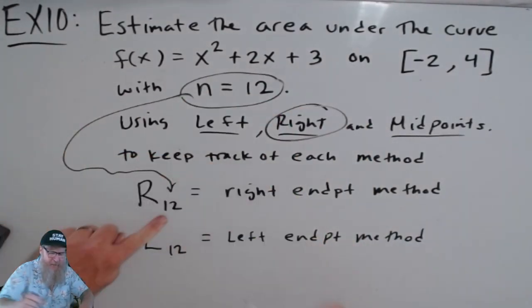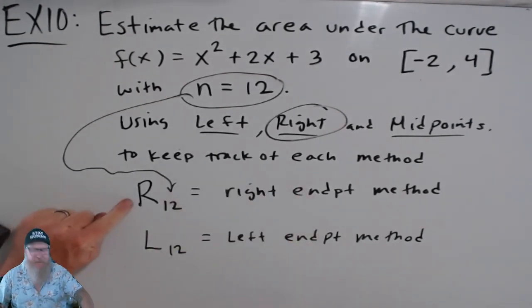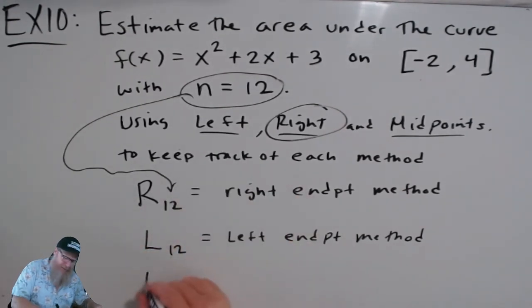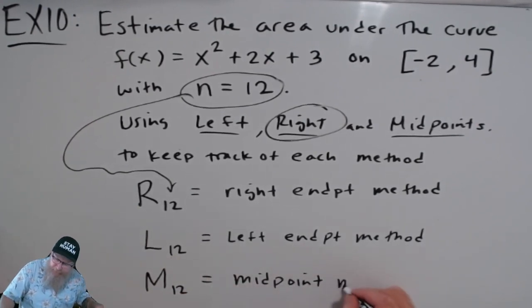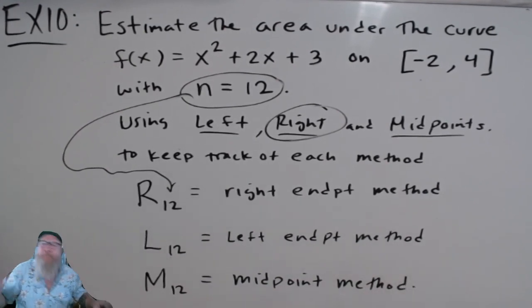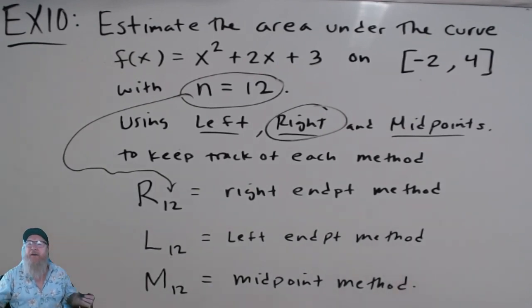Well, because there are 12 rectangles. If it was 100 rectangles, then it would be R100 and L100. And then M12 is the midpoint method. So these are our notations for the 3 different methods for approximating the area under the curve.